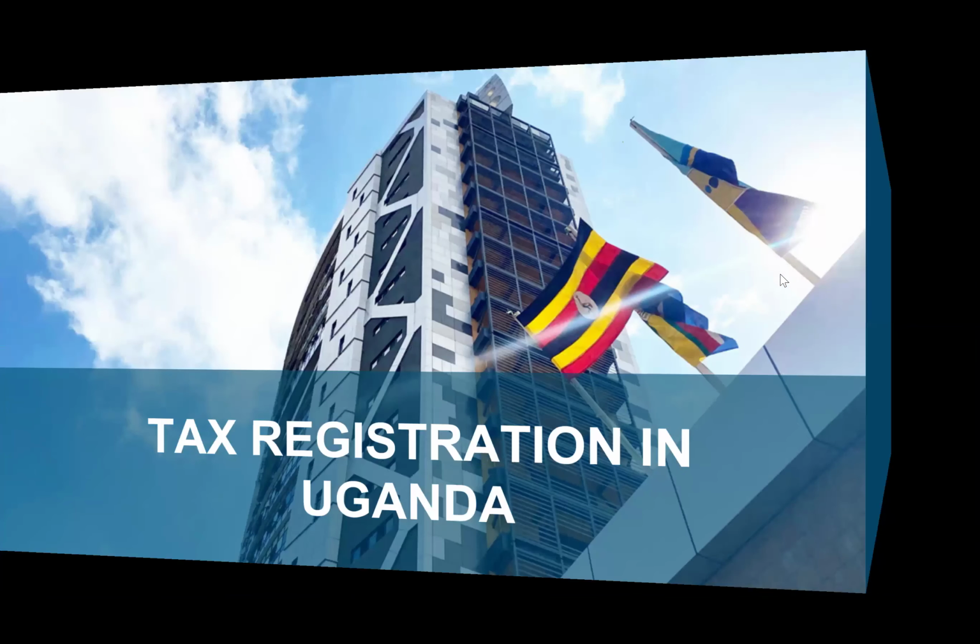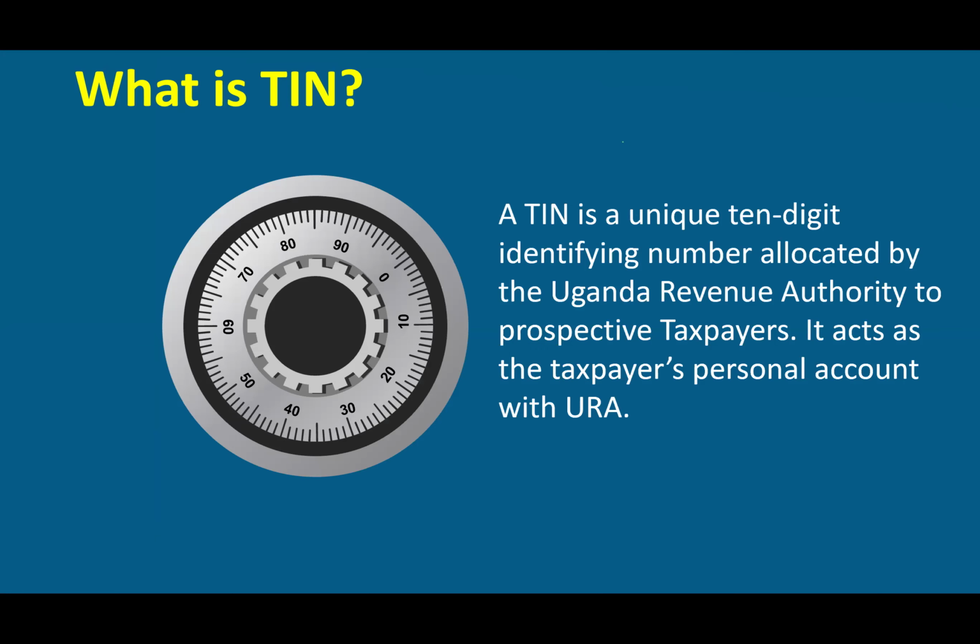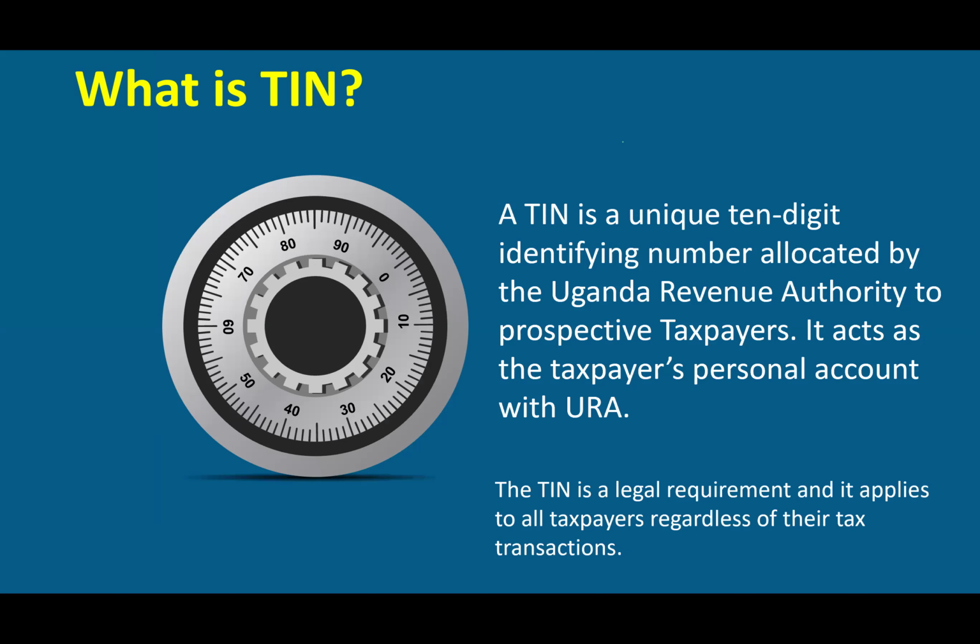So the URA body will issue each taxpayer a 10-digit identifying number, which is the TIN. It acts as the taxpayer's personal account with URA. It is, again, a legal requirement, and it applies to all taxpayers regardless of their tax transactions.